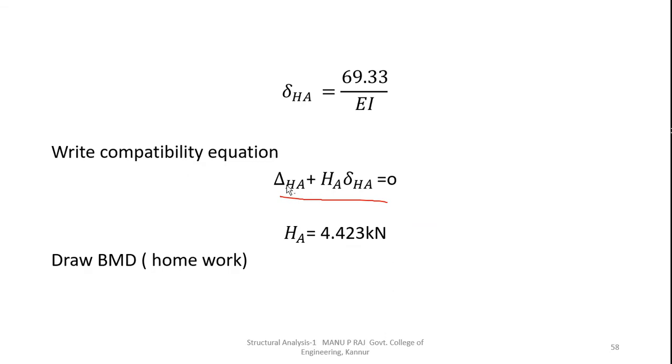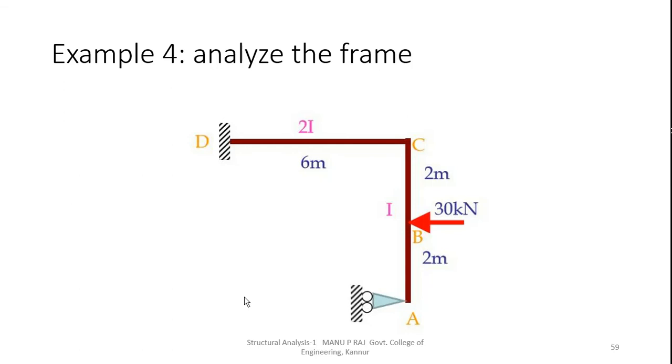Capital delta HA plus HA into small delta HA. Small delta HA is the deflection due to 1 kilonewton load, and HA into small delta HA is the deflection due to HA. We'll get the value of HA equal to 4.423 kilonewton. Okay, draw the BMD of the structure.